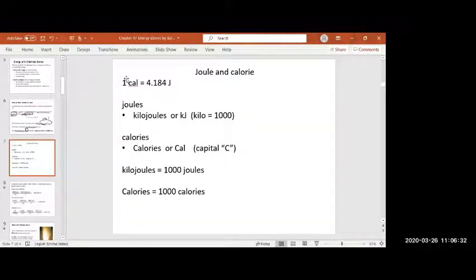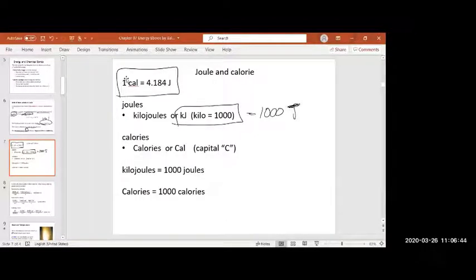So 1 calorie equals 4.184 joules, and 1 kilojoule equals 1000 joules. The capital C Calorie equals 1000 calories, and that also represents 1 kilocalorie.